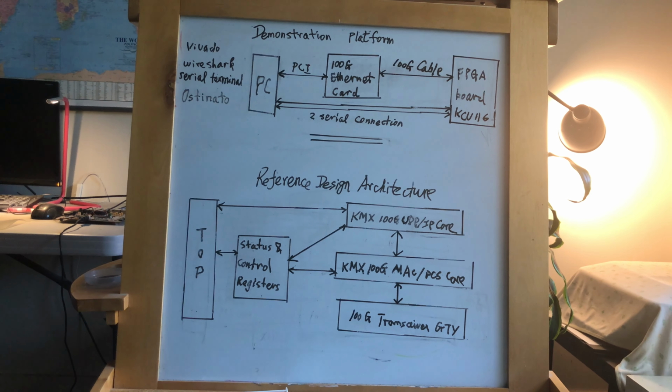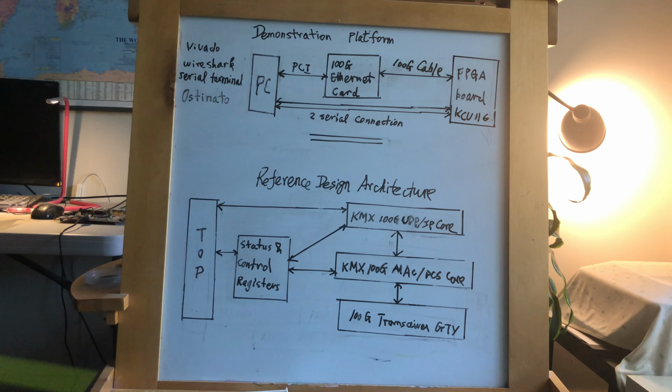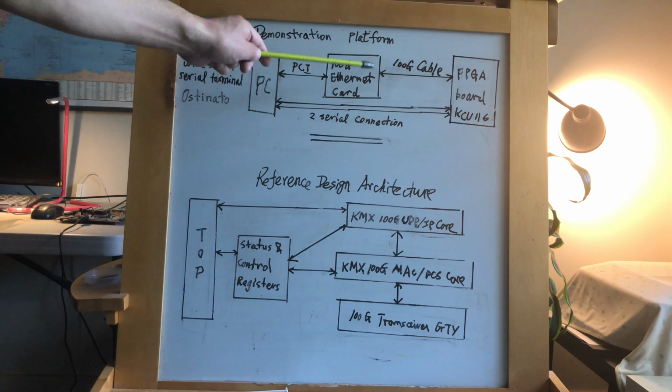For the demonstration, there are 4 software applications running on the PC. Vivado is responsible for configuring the FPGA device with one serial connection. Wireshark captures packets to and from the Ethernet card.